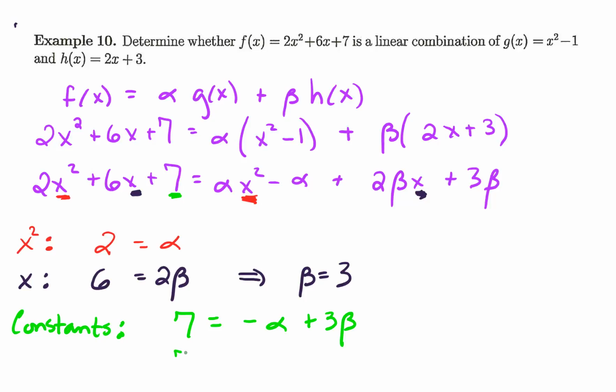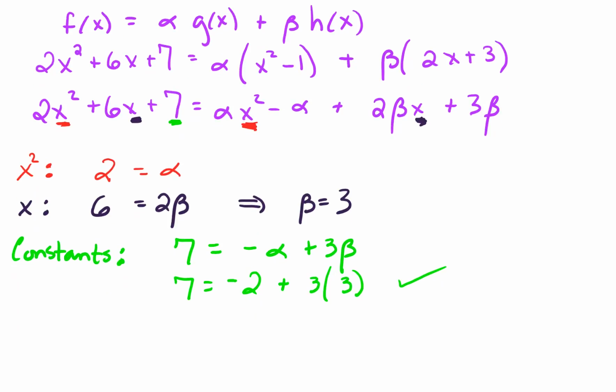So is it true that 7 equals negative 2 plus 3 times 3? Now working that out, that works. So there are alpha and beta that work.